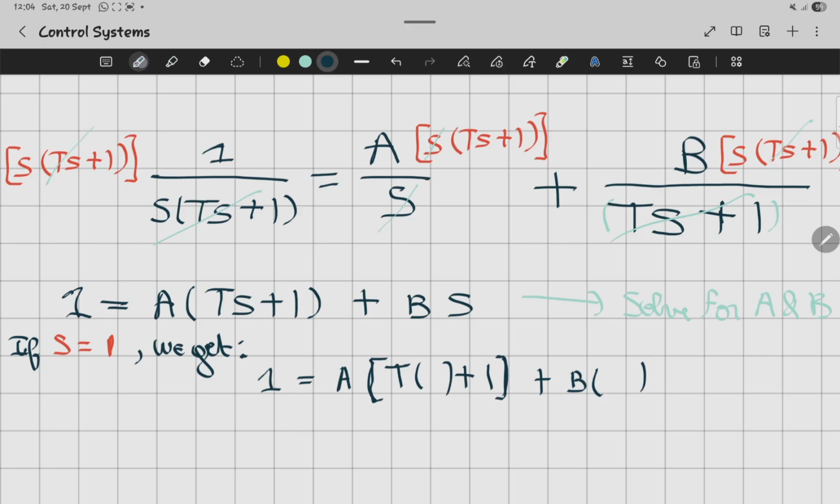So what we're going to have here is 1, and then this gives us a times (t plus 1) plus b.